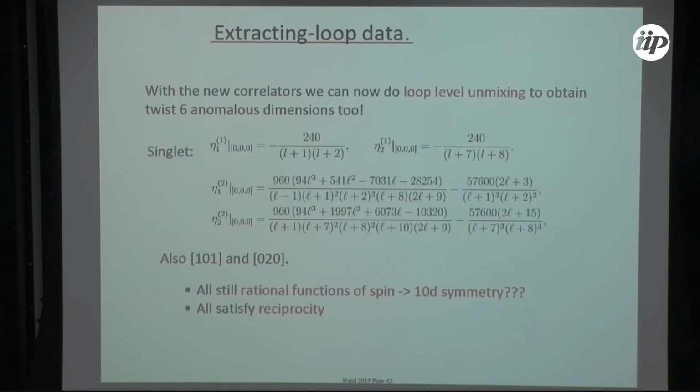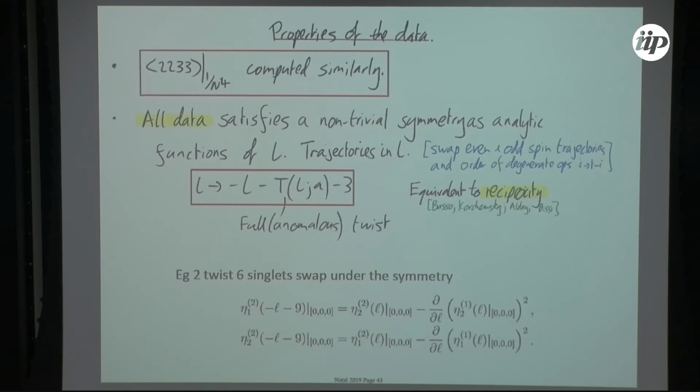We can start doing the unmixing at the next level. And so here are the results that Hinek kindly produced for me recently. So here are the results for twist 6 unmixing. And they satisfy reciprocity, which is equivalent to this formula.